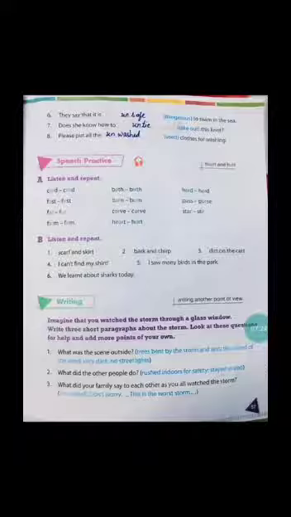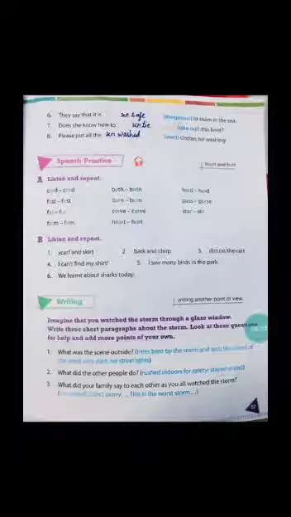Card, curd. Bath, birth. Hard, heard. Fast, first. Barn, burn. Pass, purse.